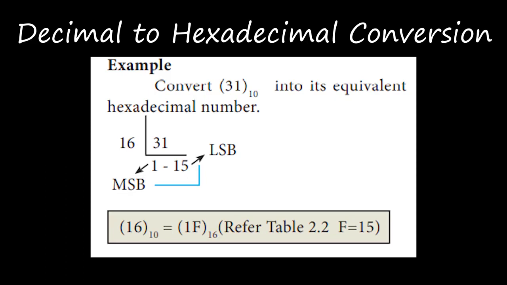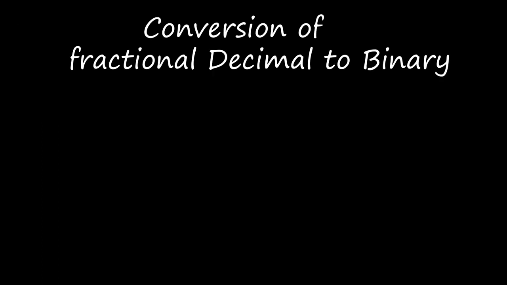So today we have learned decimal to octal conversion and decimal to hexadecimal conversion. Next we are going to see the conversion of fractional decimal to binary. Fractional means pointed numbers, which have two parts: a number before the point and a number after the point.